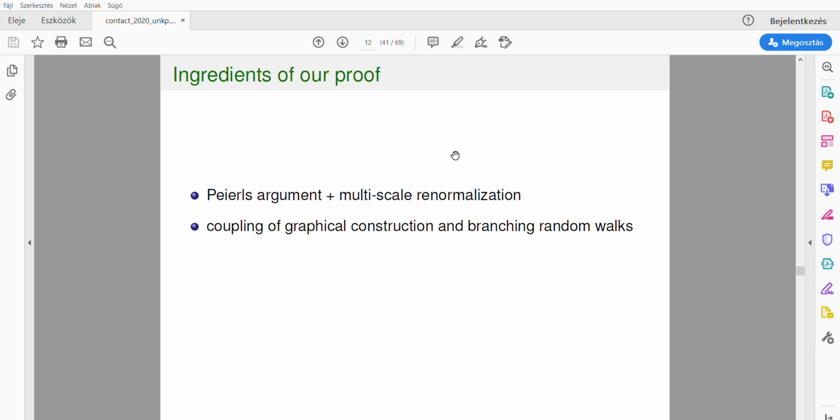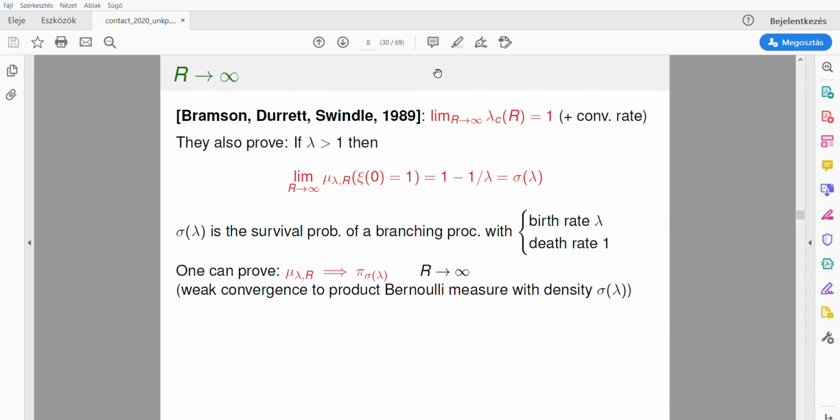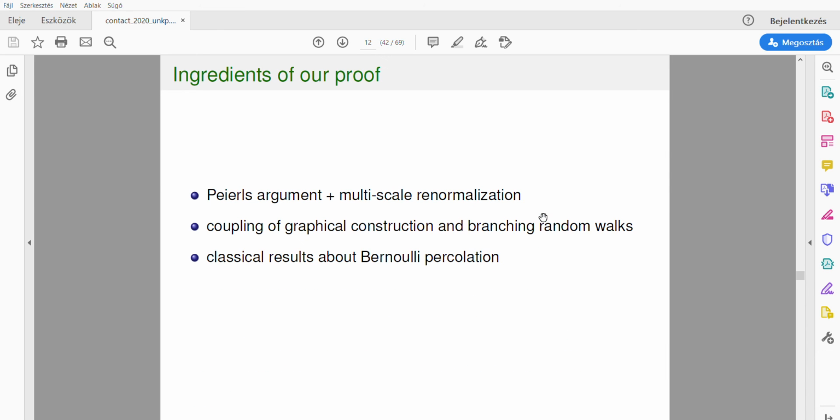This is kind of natural because you want branching processes to appear, because if you remember, even in the case of Bramson, Durrett, and Swindle, you understood things when r went to infinity in terms of branching processes. So it's natural that branching random walks are going to pop up. And other ingredients of the proof are well-known and classical results about Bernoulli percolation that we will use to make conclusions about the percolation of the contact process.